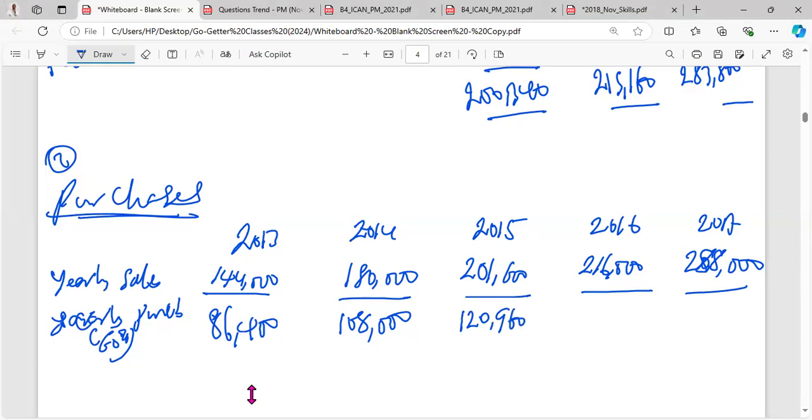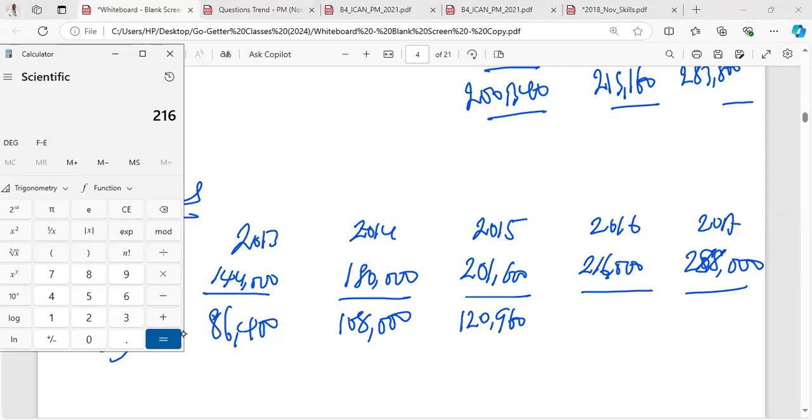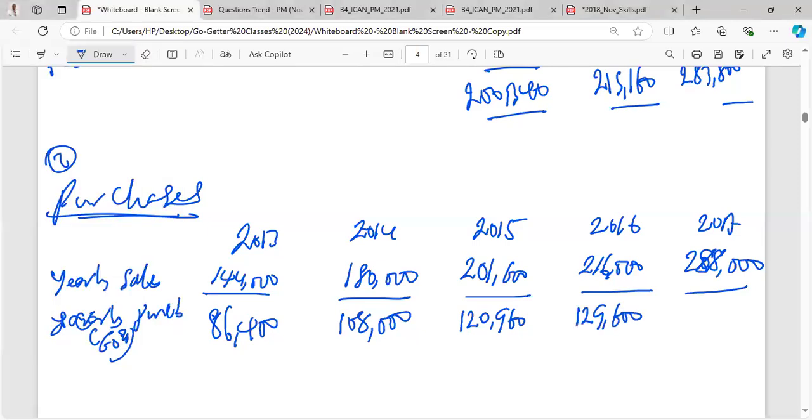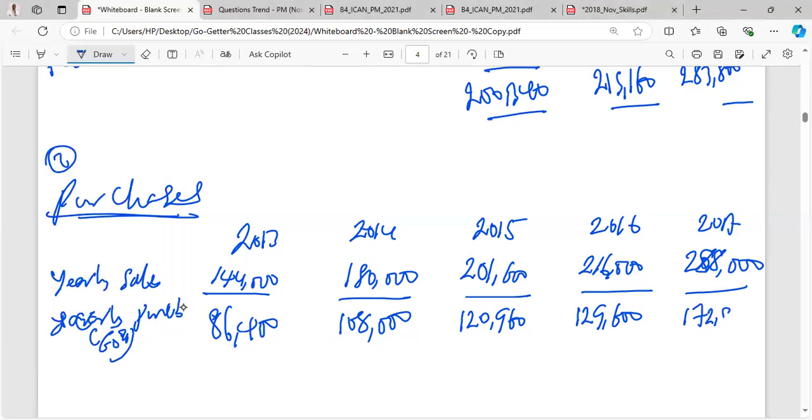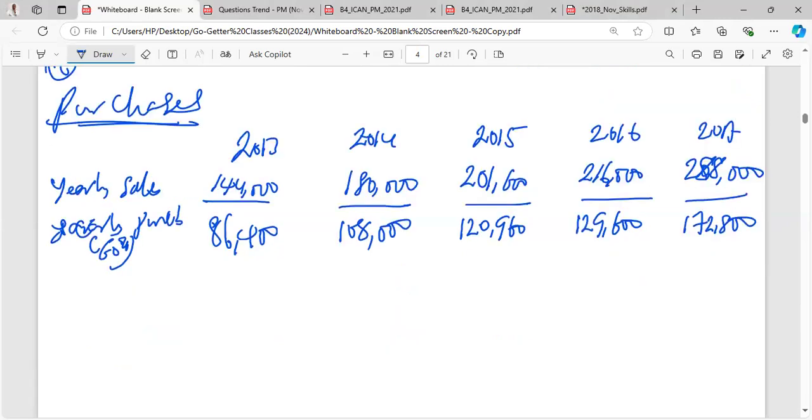Then we have 216,000 times 0.6, 129,600. We have 288 times 0.6, 172,800. Now this is the yearly sales. This is the yearly purchases.